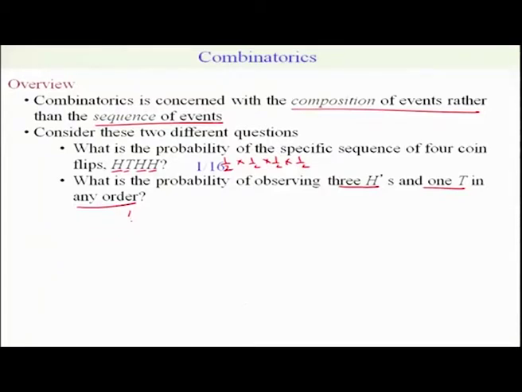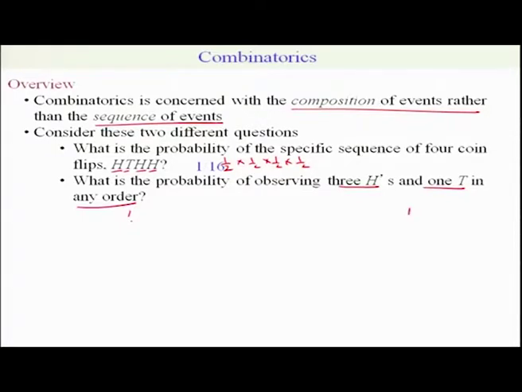Now, this is another question. In this case we are not talking about a specific sequence here. So, if you rearrange this, you can rearrange it in many ways, and essentially you can rearrange it in 4 ways.